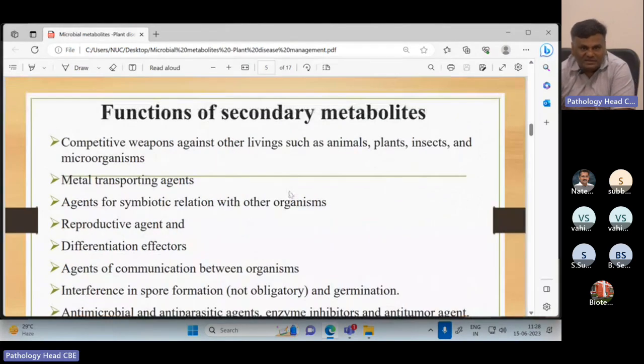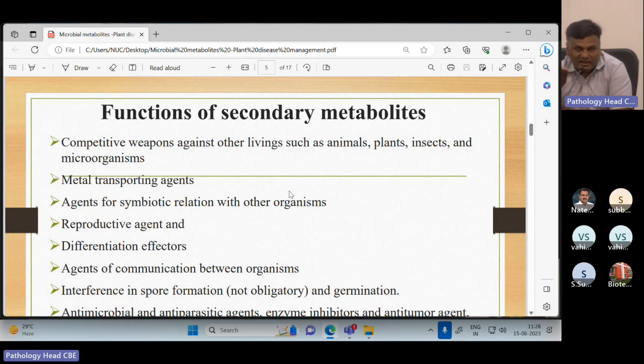So, what are the functions of the secondary metabolites? As I said, they have a wide purpose and a role in many things. For example, the first thing is they help the organism defend against enemies and tide over unfavorable conditions. Then they help in the transportation of metals, for example iron; siderophore is a very common metabolite which is produced.